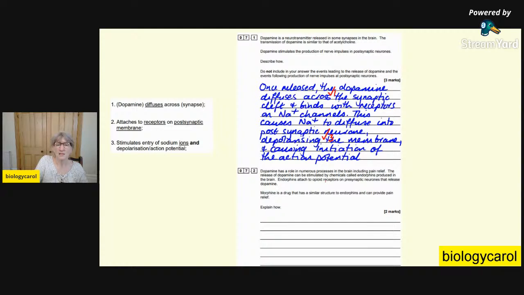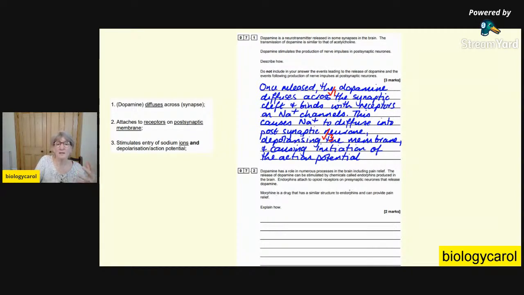So this is how endorphins stimulate the release of dopamine: they attach to the opioid receptors, bringing about the release. Morphine is a drug with a similar structure to endorphins and can provide pain relief. Here we go, look, dopamine induces pain relief.